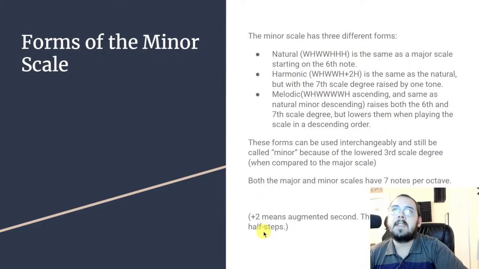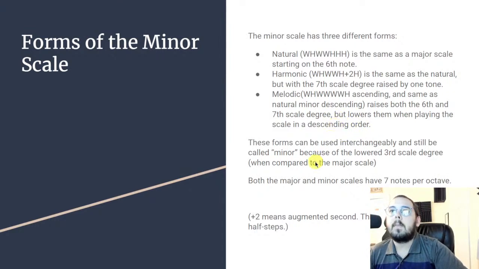This interval is 3 half steps. The melodic minor is probably the most unique in the sense that it raises the 6th and 7th scale degree some of the time. So when we play the scale in an ascending pattern, it sounds almost like a major scale, but when we go down the scale, it's just like a natural minor.